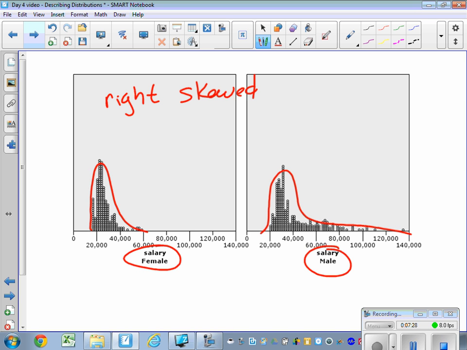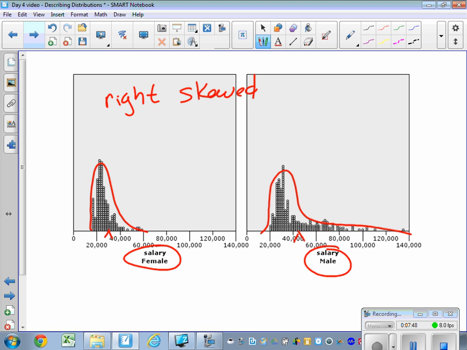The center of both distributions is about the same. And we'll learn this later, the balance point on this one is going to be a little bit higher than the balance point here, probably because of that tail.